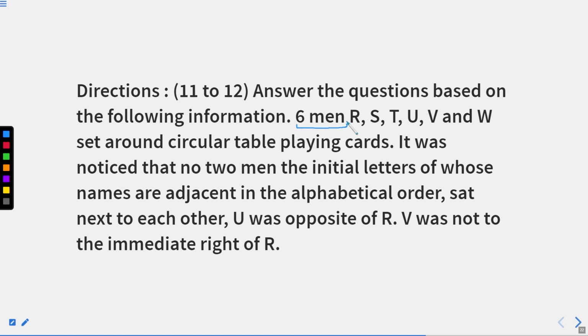They are marked as R, S, T, U, V and W. These 6 alphabets are 6 different men. The gender is already clear, the number of men is also clear. They are set around a circular table. So, mark it as well.